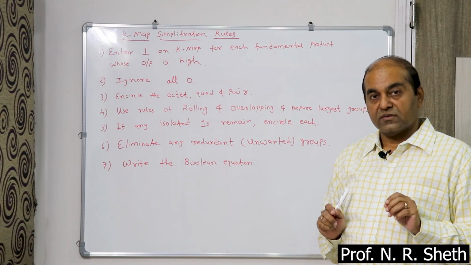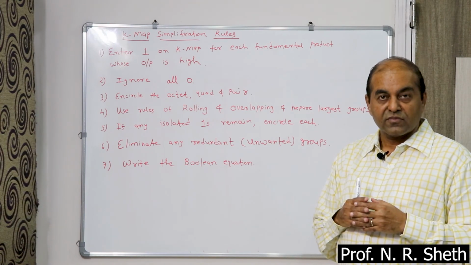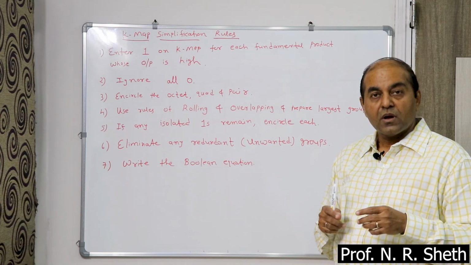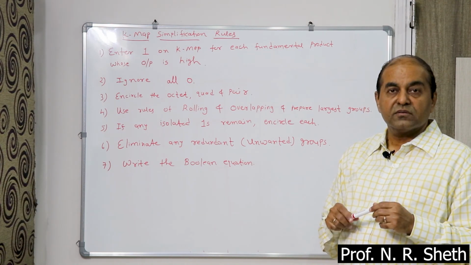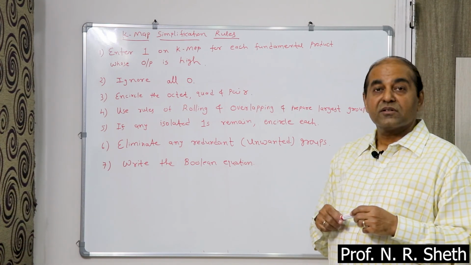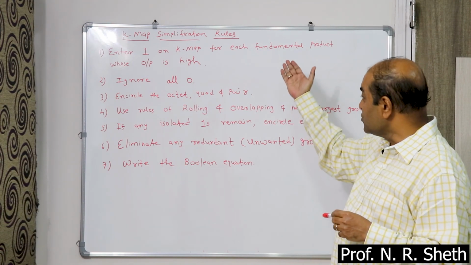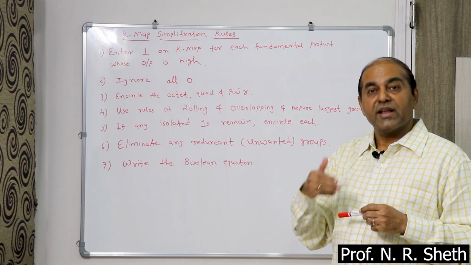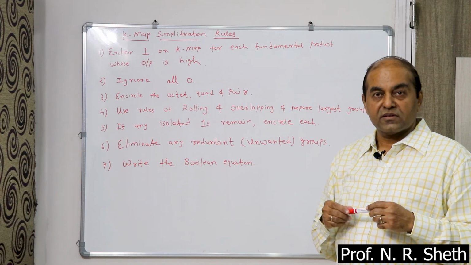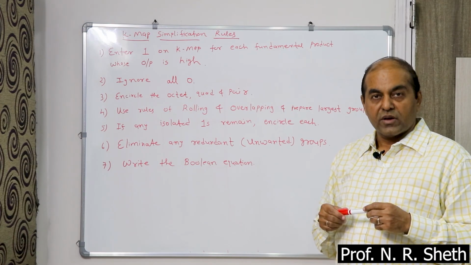And number 7, finally write the Boolean equation. So these 7 rules you have to remember. In next lecture, or maybe 2, 3, I don't know, we are going to discuss the property and many different cases of K-map in which you have to use all these properties, by which you can simplify the K-map. Okay, thank you.